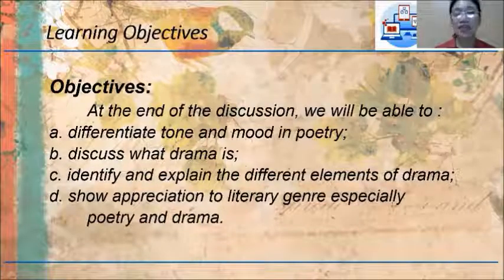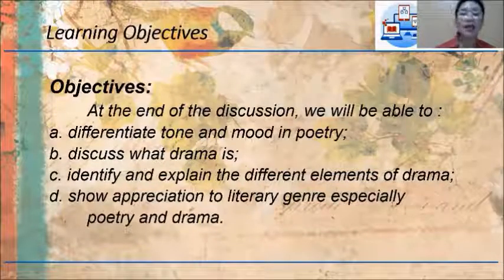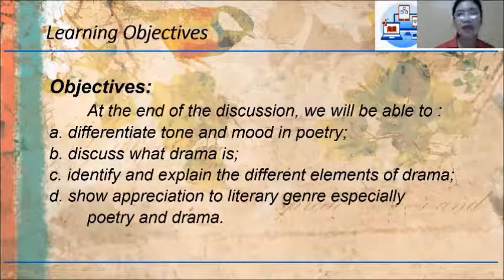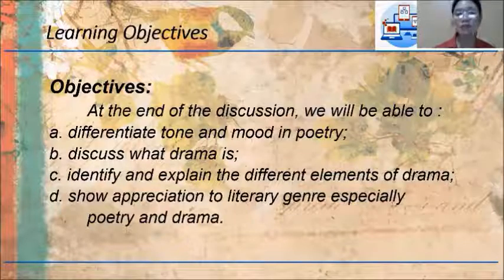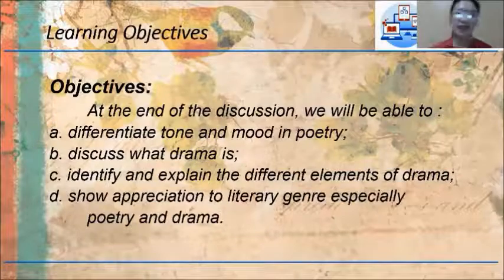Letter B, discuss what drama is, and then identify and explain the different elements of drama. And then we have here show appreciation to literary genre, especially poetry and drama. Okay, let us now start our discussion.